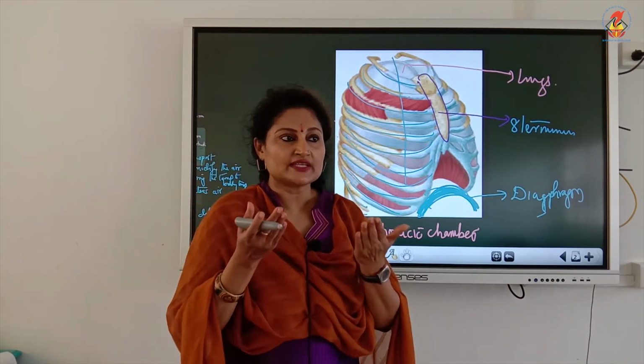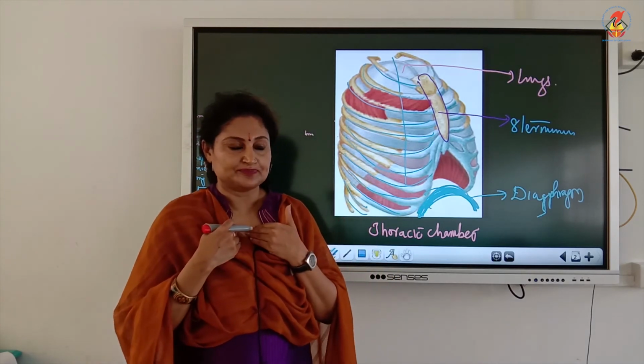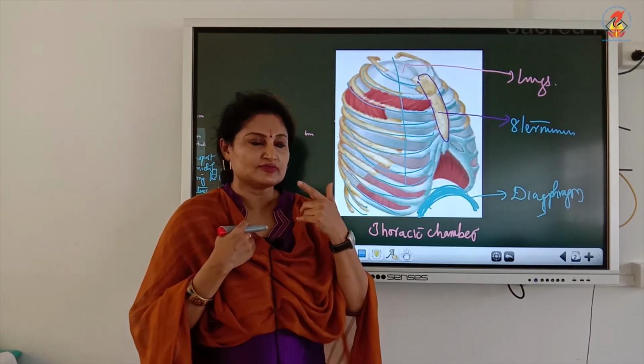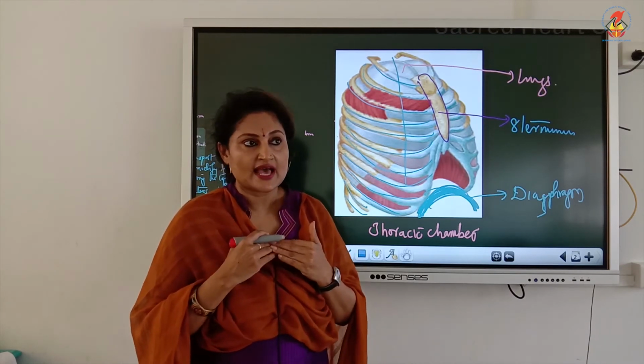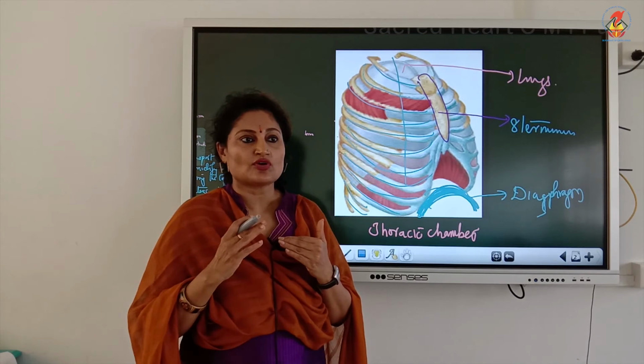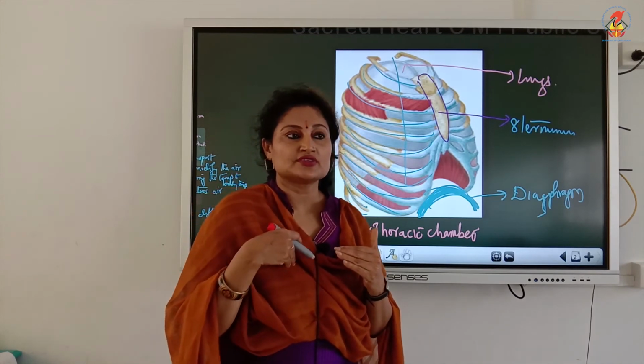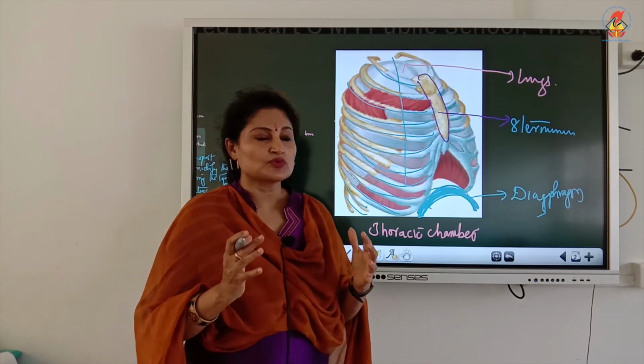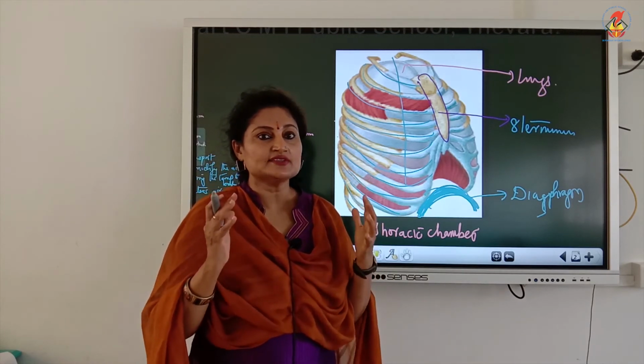What happens during inhalation? Air gets into our lungs through the conducting system, which starts with your nostrils. And what happens during exhalation or expiration? Carbon dioxide rich air gets out. Okay, so we are going to see how this process of inhalation and exhalation occurs.